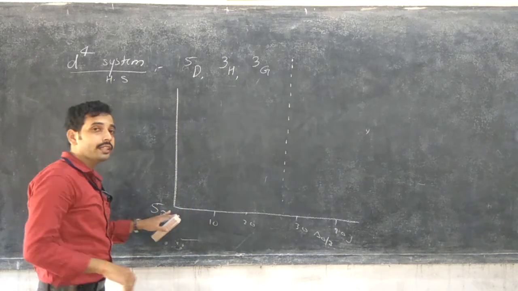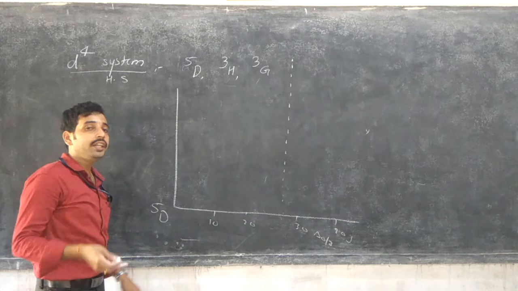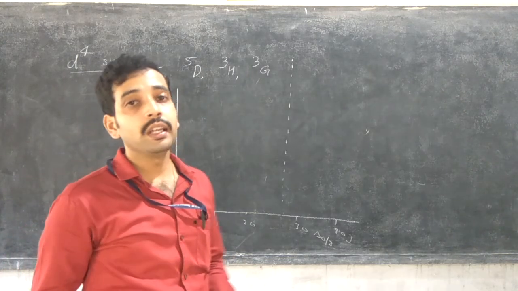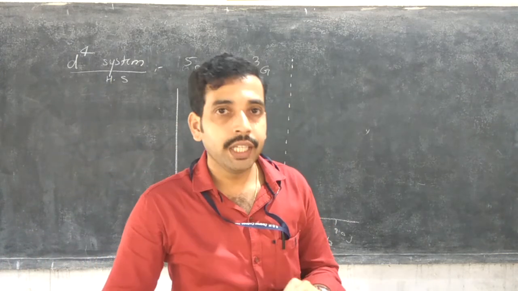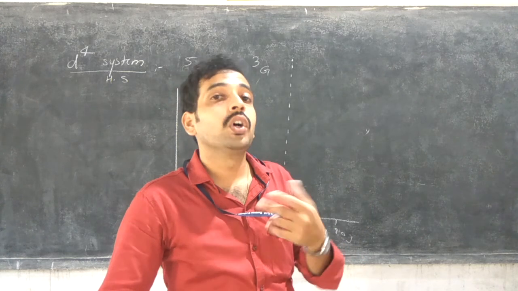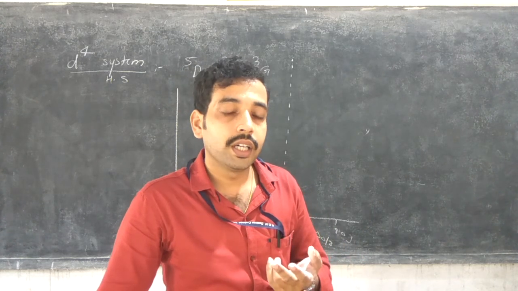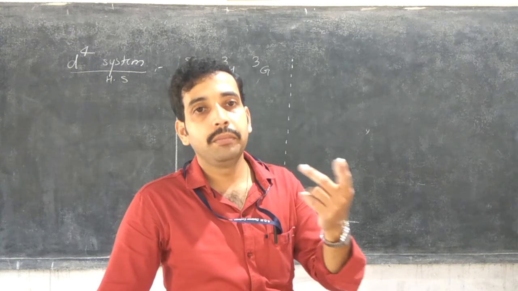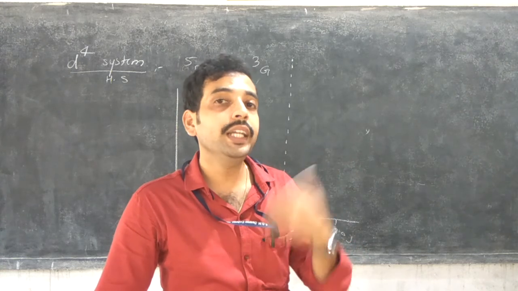The 5D is in the D Orgel diagram. In the D4 Orgel diagram, it means the left half of the Orgel diagram, meaning lower EG, higher T2G. Clear? In case of the right half of the Orgel diagram, T2G, EG, but in case of the left half, EG, T2G.